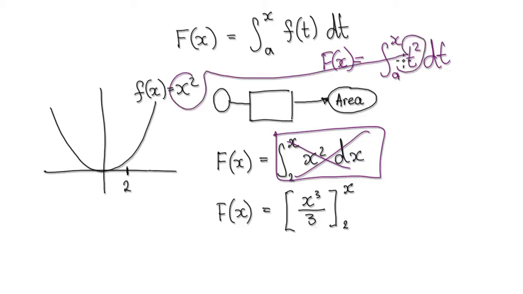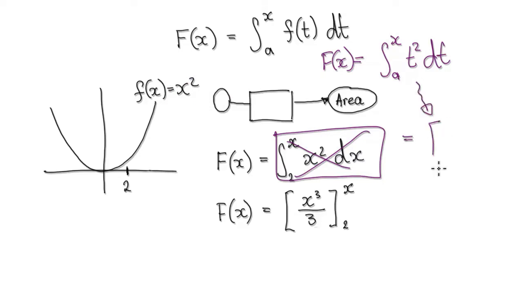So now there is no conflict. When you integrate this, it would be t cubed over 3 from A to x. So now you can put this into here. There is no conflict because you insert an x here, and your machine is all in terms of t.